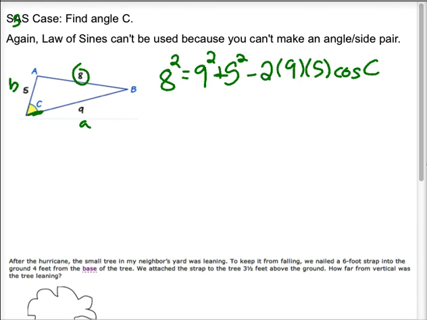Okay? Now, looking at this, I need to solve for C, which means I need to get this cosine C by itself. So what that means is I'm going to have to take that 8 squared, which gives me 64.